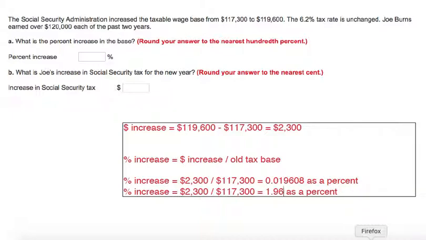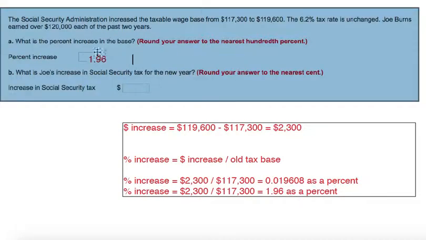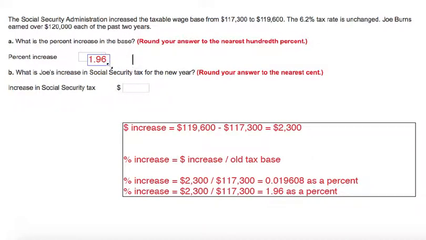So that means I'm going to stop my decimal here at the second decimal place. So 1.96% was the increase, almost 2%. And that's inflation. The cost of goods is usually around 2% per year, so I'm sure that's why that number is close to 2%.